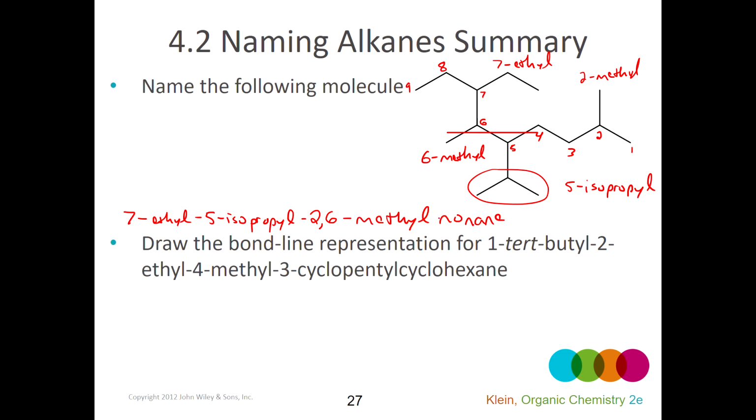And then you don't need any punctuation of any kind between the last substituent and the parent name. So 7-ethyl, 5-isopropyl, 2,6. Oh, I forgot my prefix here. If there are 2 of them, I need a prefix to confirm, even though it's redundant, how many there are. So if I've got 2 methyl groups, I really need to put dimethyl there, nonane, for the name of that molecule.